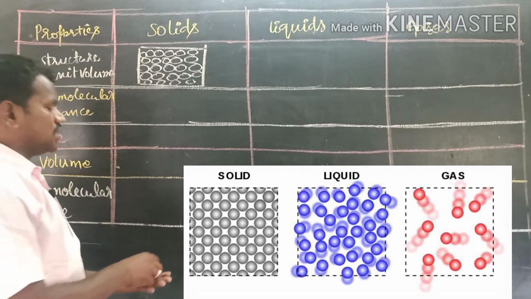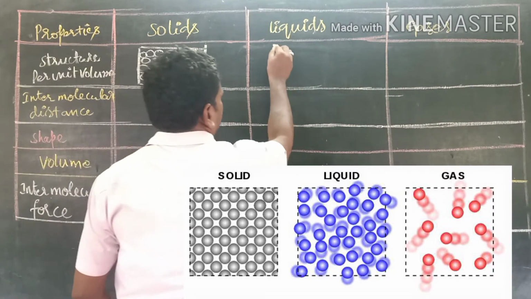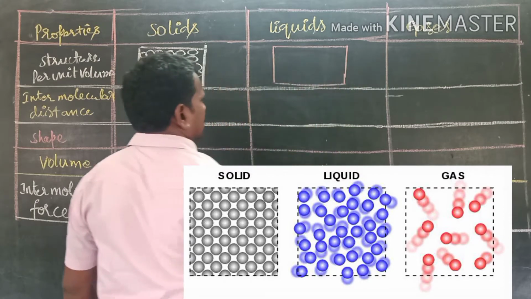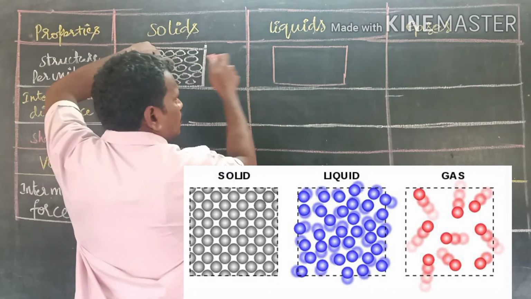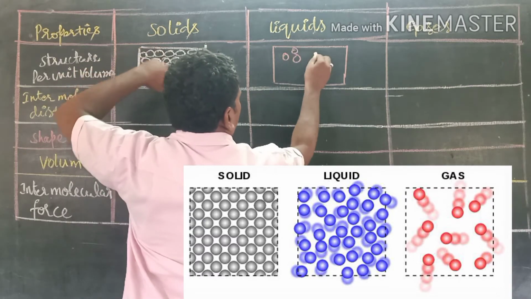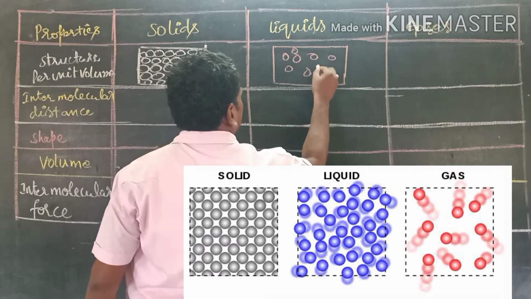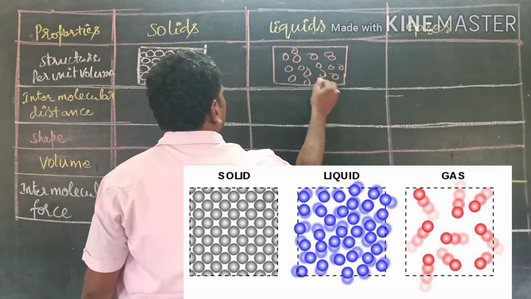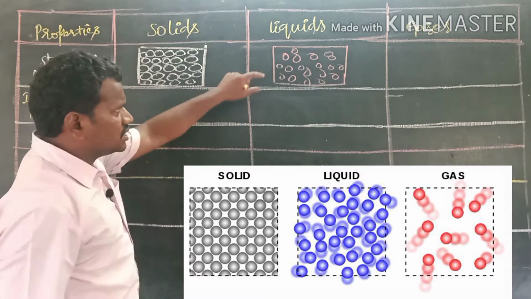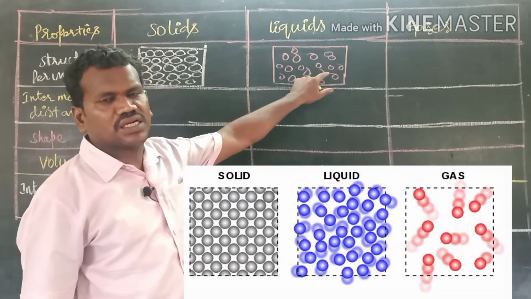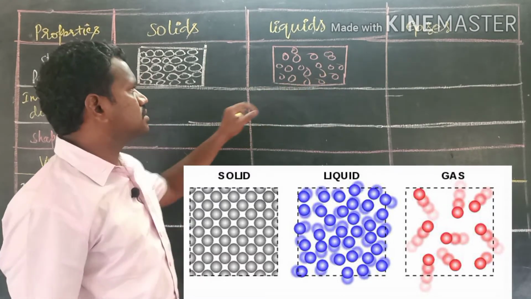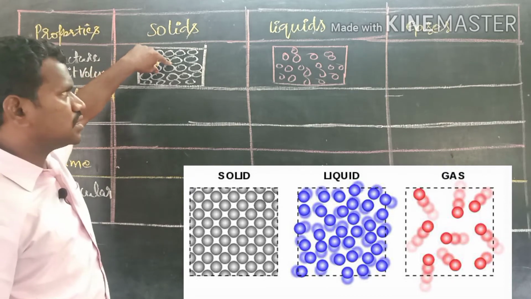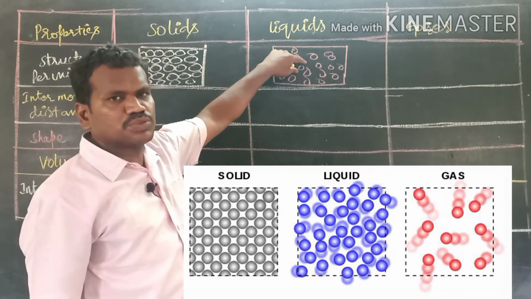Now let us come to the liquids. If you consider per unit volume, along a certain length, breadth and height, the same volume, the number of particles is a little less when compared to solids. This means a certain distance is there among the particles, so here there is a close packed structure as well as a little loose packed structure.